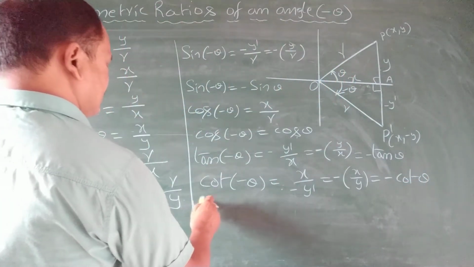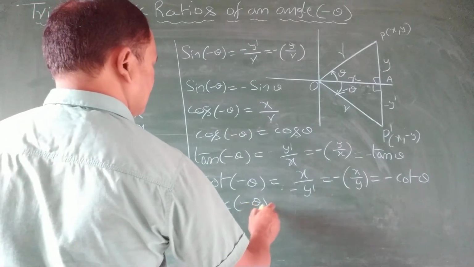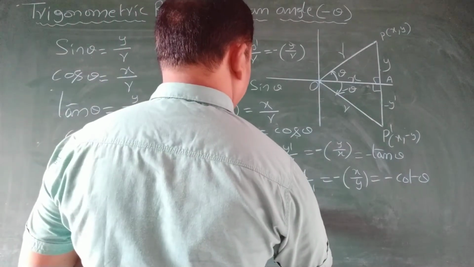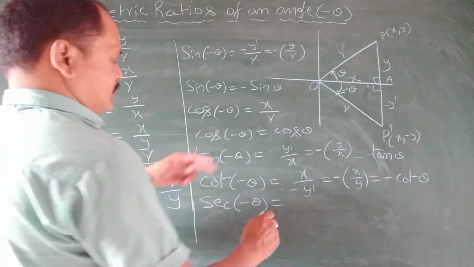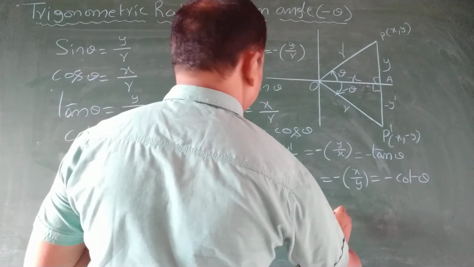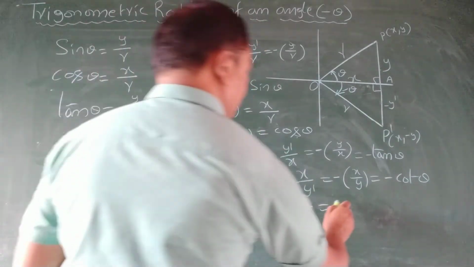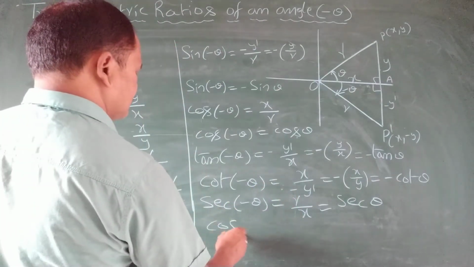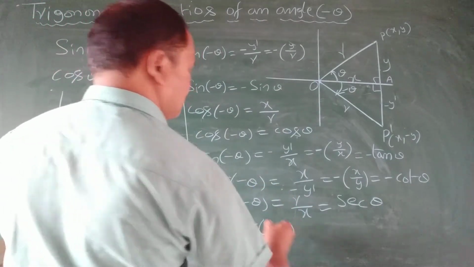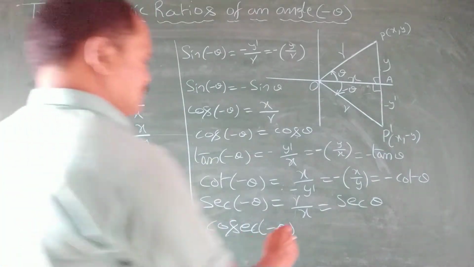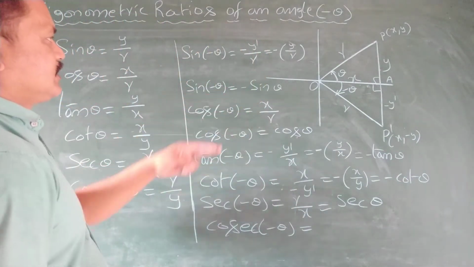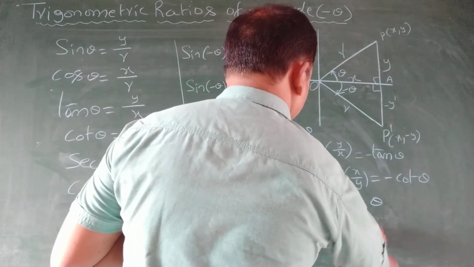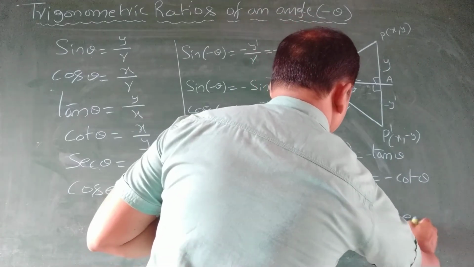And now secant of minus theta is the reciprocal of this one, that is the reciprocal of r by x, and r by x is nothing but secant theta. So secant minus theta is plus secant theta, and cosecant minus theta is the reciprocal of sine, that is minus r by y, so this is minus cosecant theta.